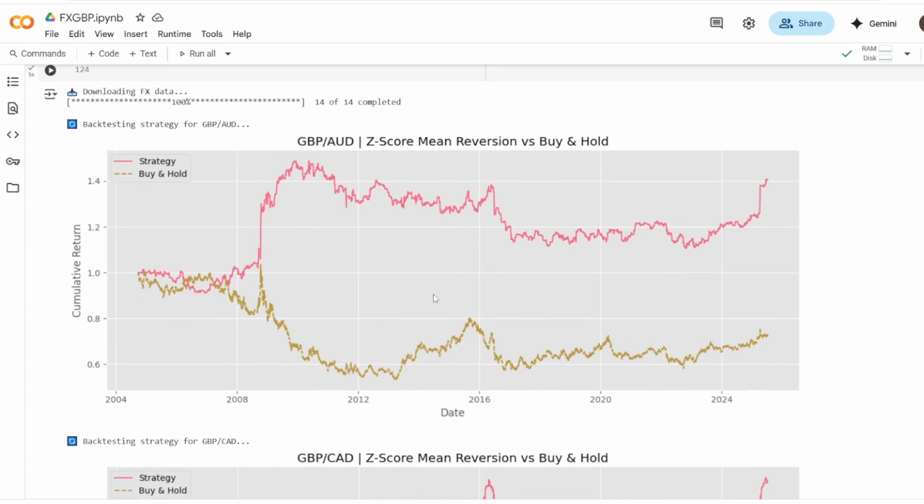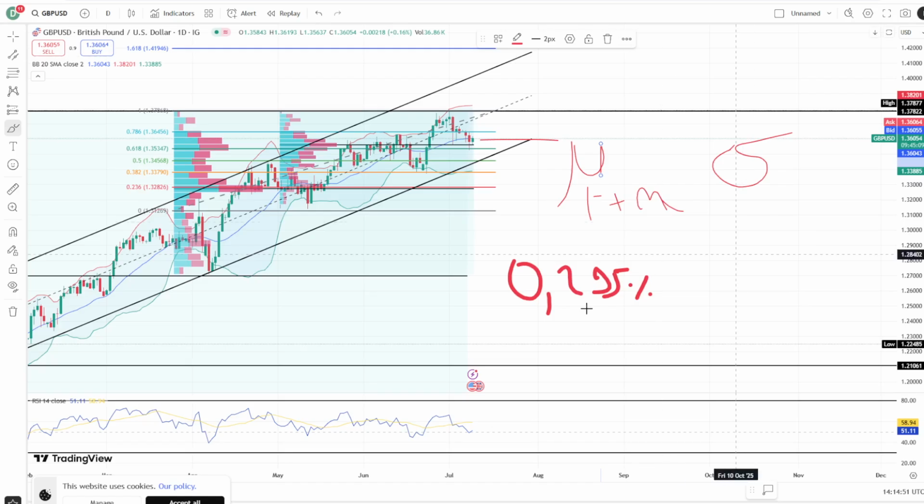So if in the year 2000 I had been buying pound Aussie dollar and holding it, my cumulative returns would have been 0.8%. While instead, if I use a mean reversion strategy, what is the mean reversion strategy? It is what we have been talking about all the time. So we have the average value, which is mu.